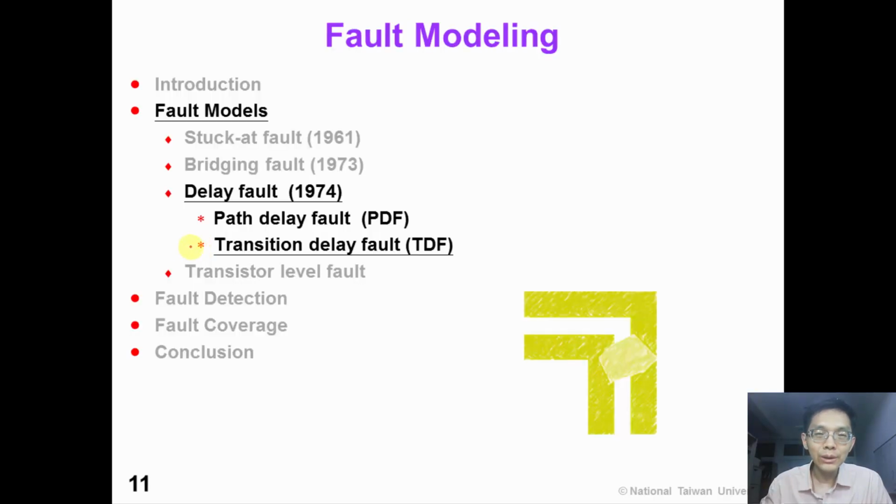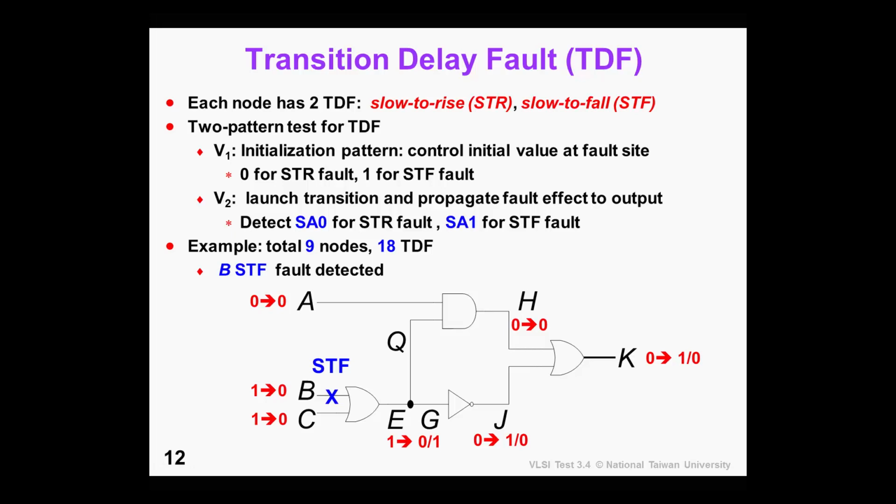Now let's move on to the second delay fault model, the transition delay fault model. In the transition delay fault model, each node has two transition delay faults. One is slow to rise or STR, the other one is slow to fall or STF. To detect a transition delay fault, we need a two-pattern test which contains two test patterns V1 and V2.